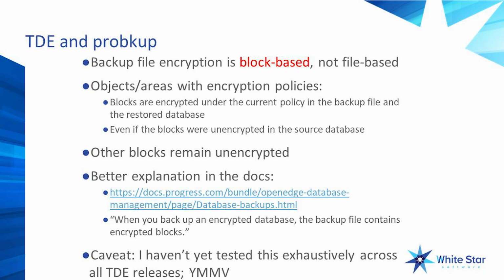In fairness to the documentation team, there is another place in the documents that makes a better description of this. It says, when you back up an encrypted database, the backup contains encrypted blocks. So again, whether it's in the database or in the backup file, the encryption is block-based, it's not file-based.